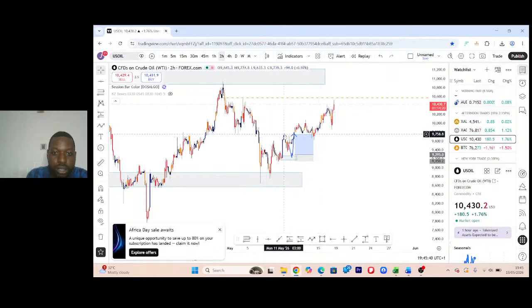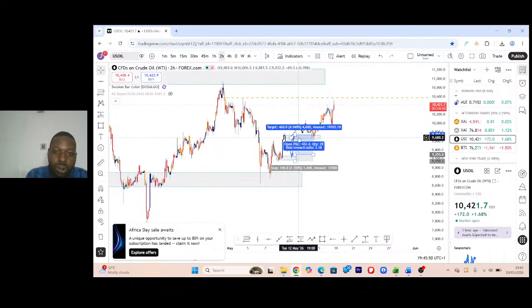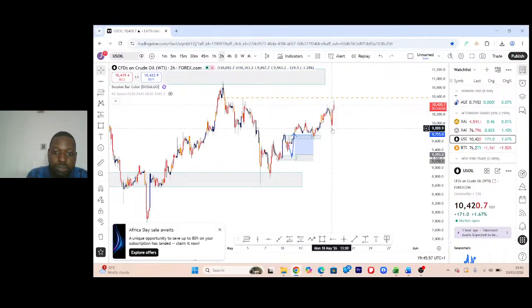So even though it did not come, when it finally breaks up, we focus on the breaker block. So now that price has finally touched this breaker block, it's now finally moving to the upside.